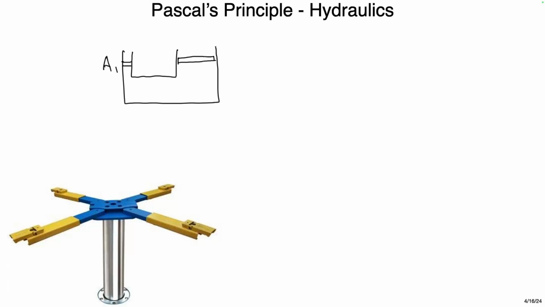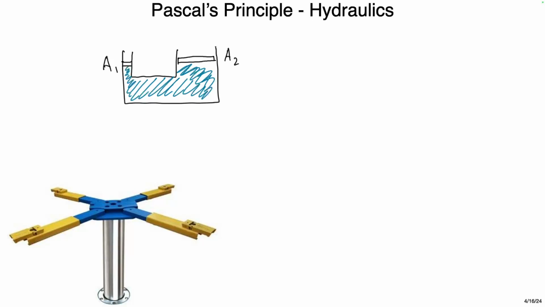So we've got a cross-sectional area that's bigger over here. And inside of this system, it's filled with something called hydraulic fluid. Hydraulic fluids in reality are oily-based substances, but basically any fluid that doesn't change its density with pressure, like you can push on it and it doesn't change its features, is a good hydraulic fluid.